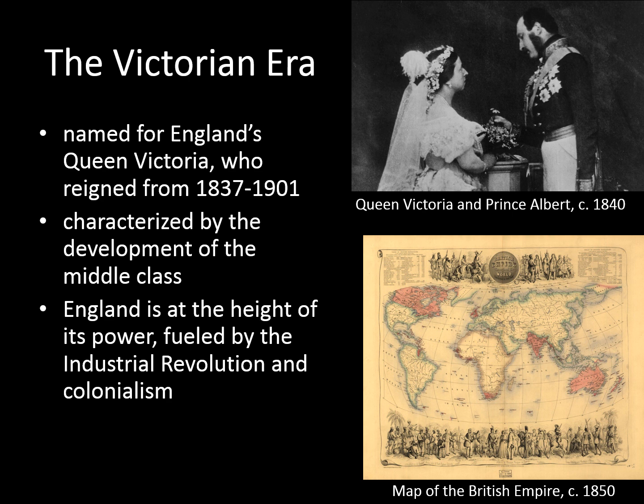So of course there's England, Canada, parts of Africa, India, Australia, parts of the Caribbean, etc. Right, and by the end of the century, they'll have conquered more of Africa as well.